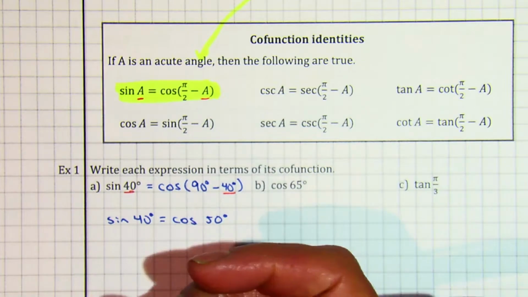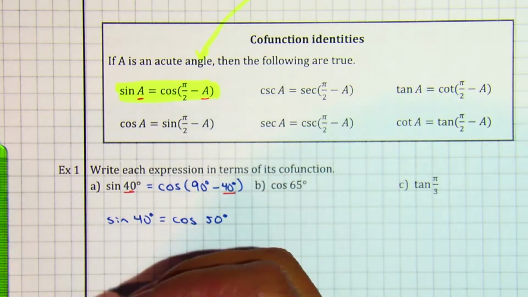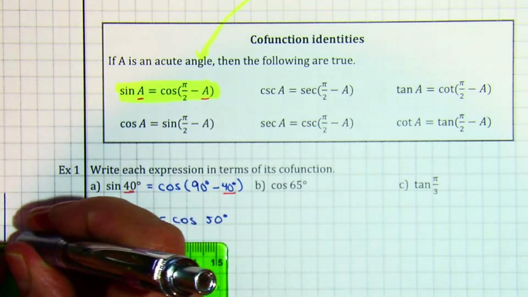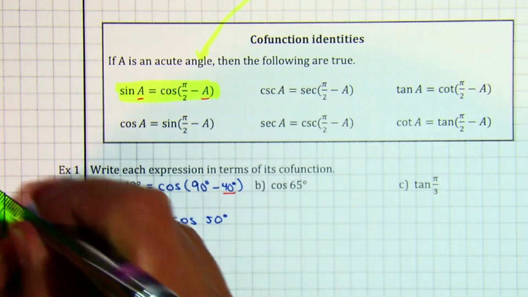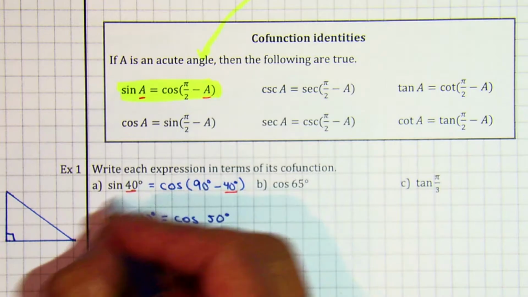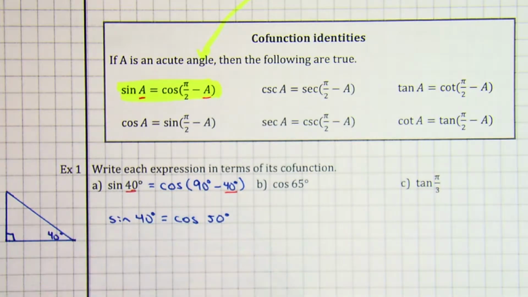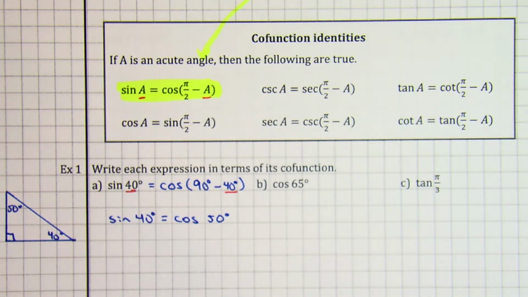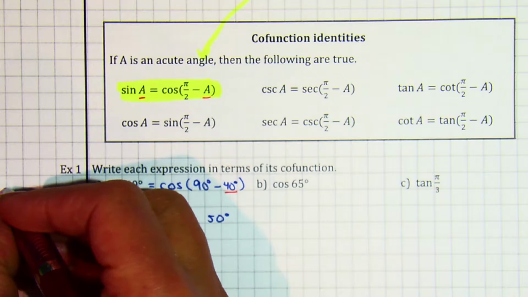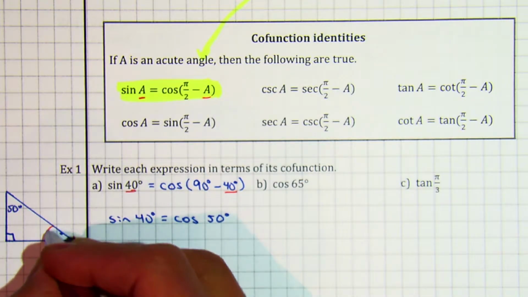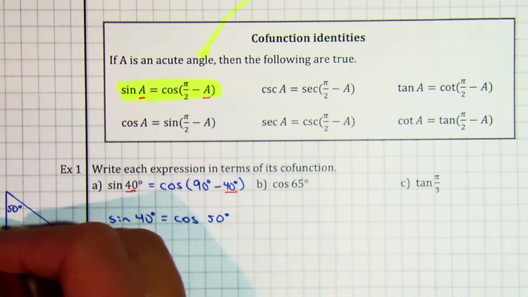If we do a quick right triangle here, this is the right triangle. If this is 40, that means the other angle has to be 50 degrees. And if you take the sine of 40 degrees, your sine is your opposite over your hypotenuse.